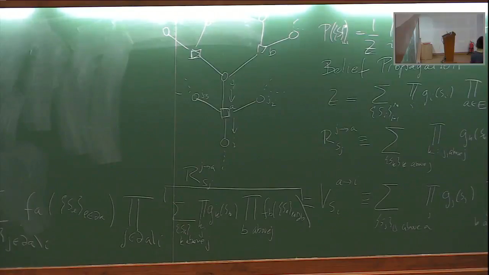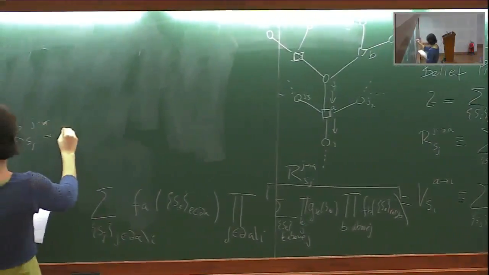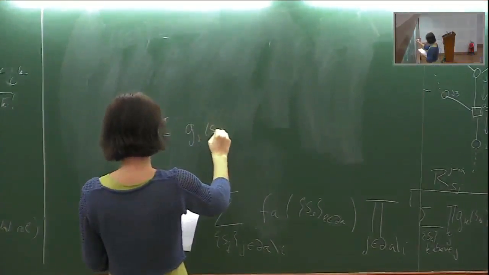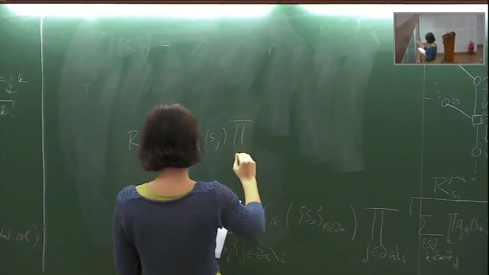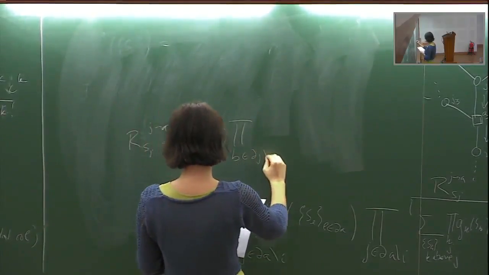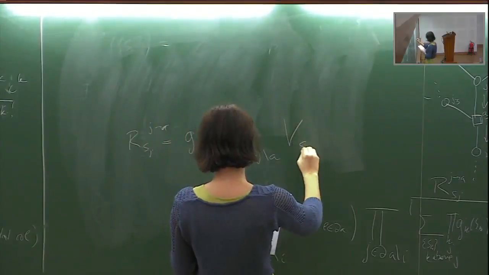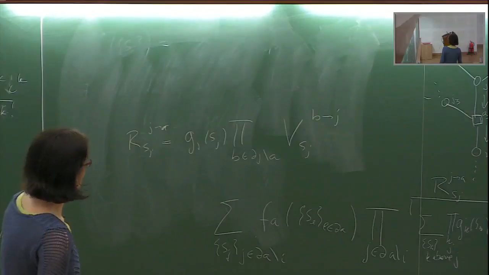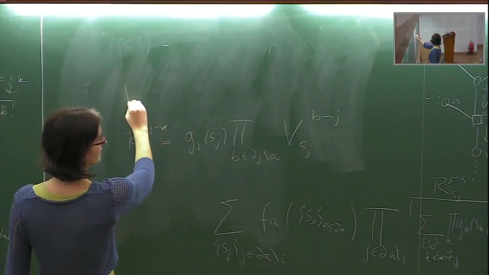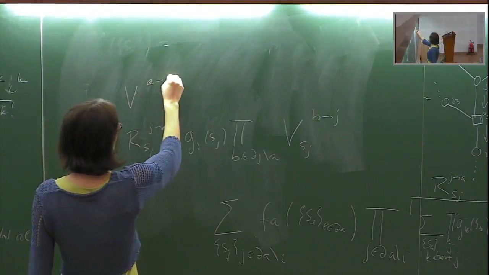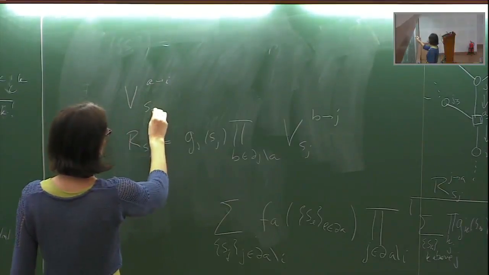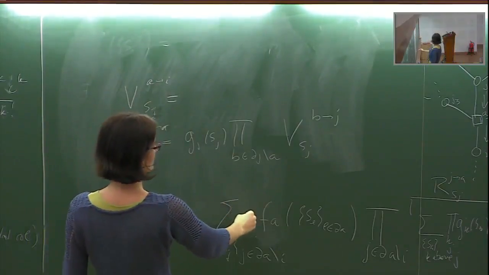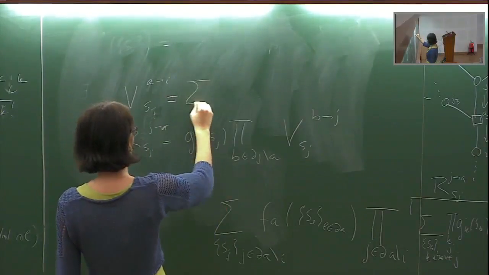And by doing similar gymnastics, you can write that R as J, J to A is equal to, again, pulling some things out and realizing that what is left is exactly the definition of V, you get this. Okay, so on one hand we have this, on the other hand, let me just rewrite it, we have this, SI, and here I just copy it.